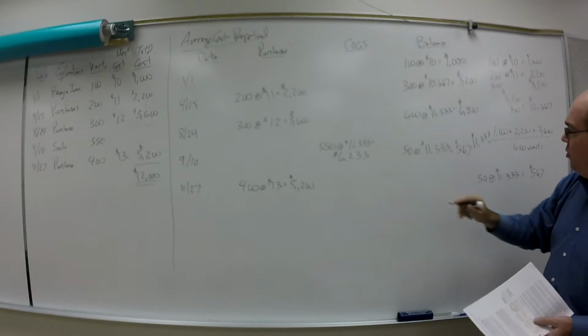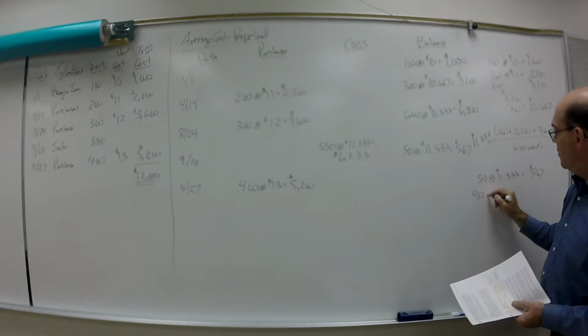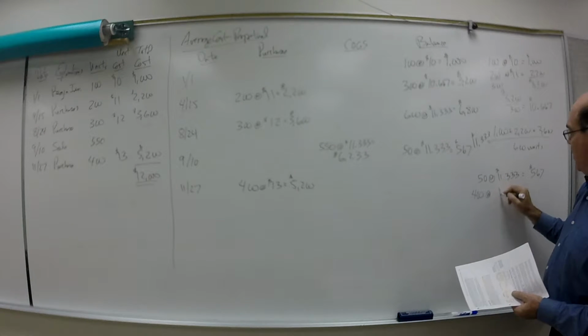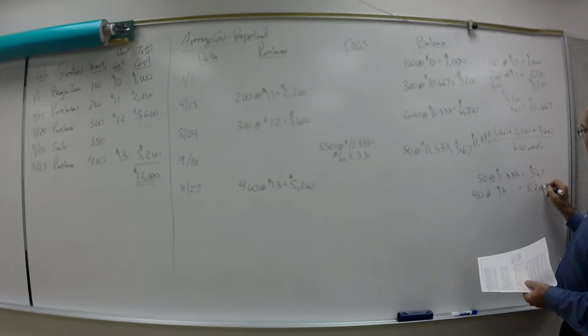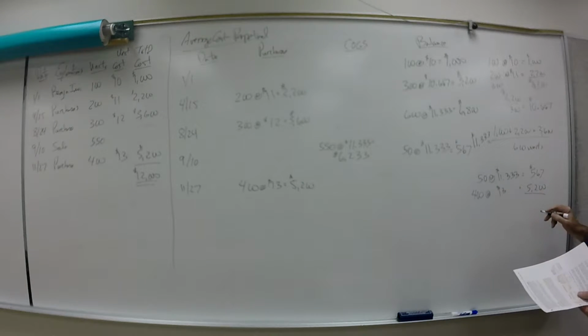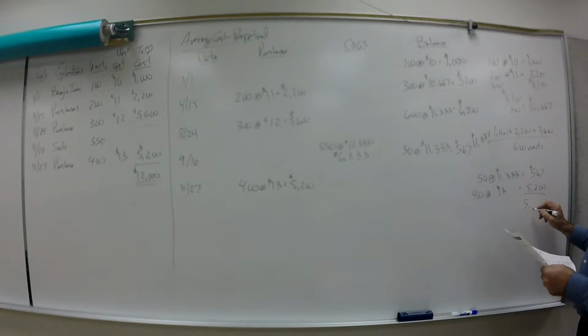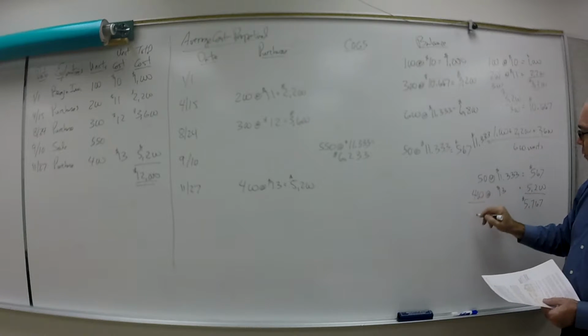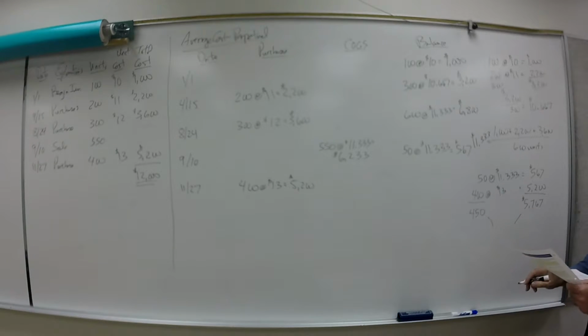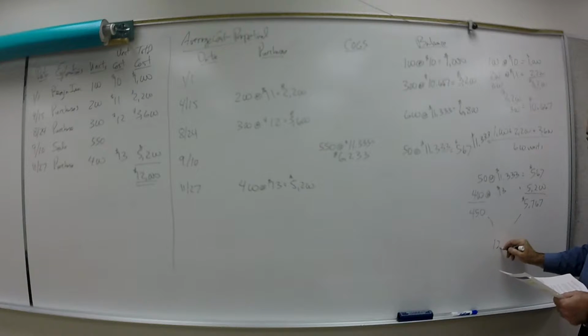And now we have the new ones, 400 at $13, which gives us $5,200. So the total cost that we've paid for those is $5,767, and we have 450 units. So we find a new average, and the new average is $12.816.